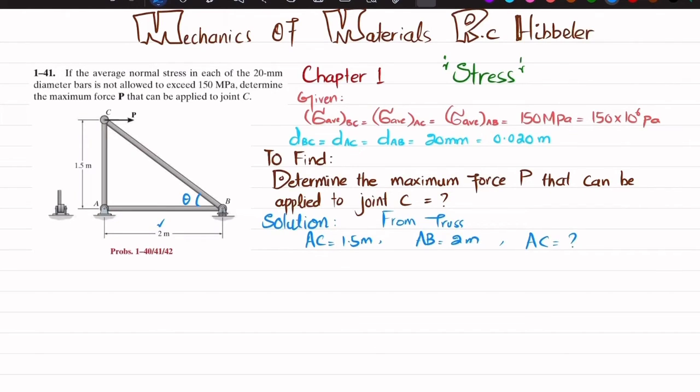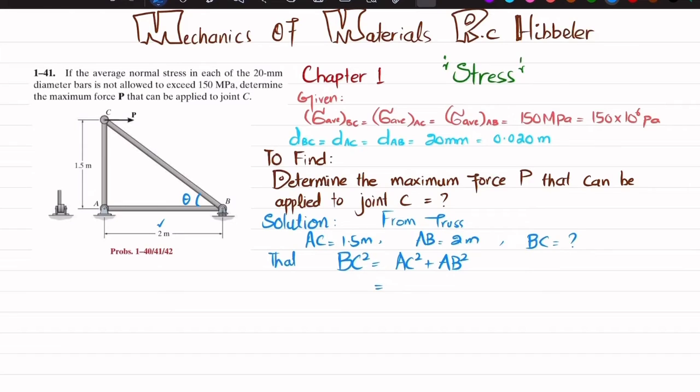By using Pythagoras theorem, BC square is equal to AC square plus AB square.